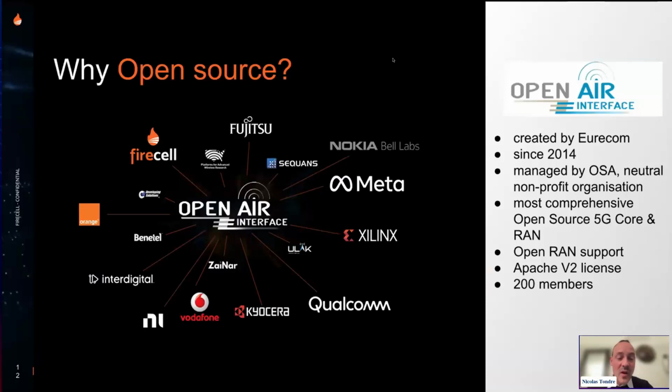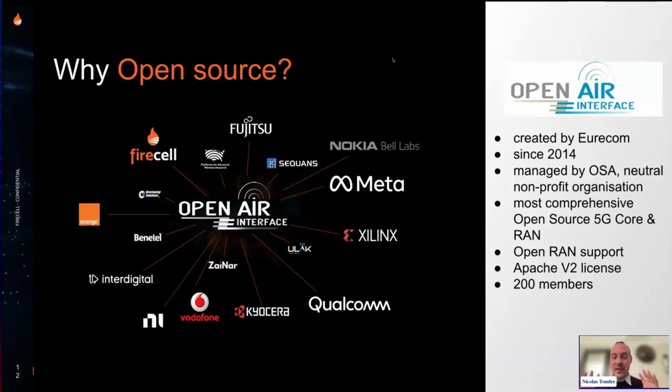Among those members, there are small companies like Firecell, but there are little bigger companies like Meta, Facebook, Qualcomm, Vodafone, Orange, Nokia. All those companies are members and are contributors to the open source code that's called Open Air Interface. The open source code implements both the 5G core and the 5G RAN.